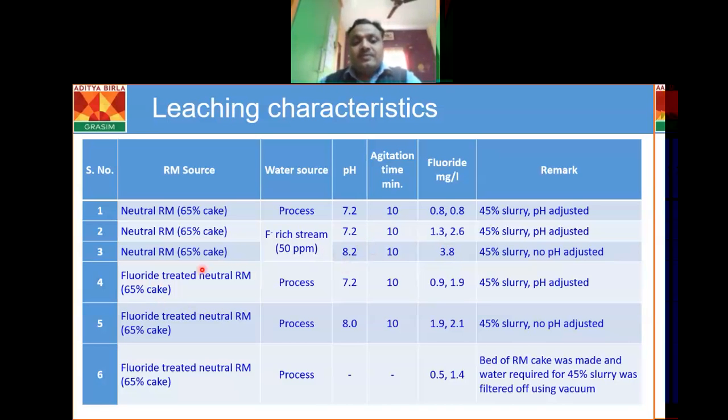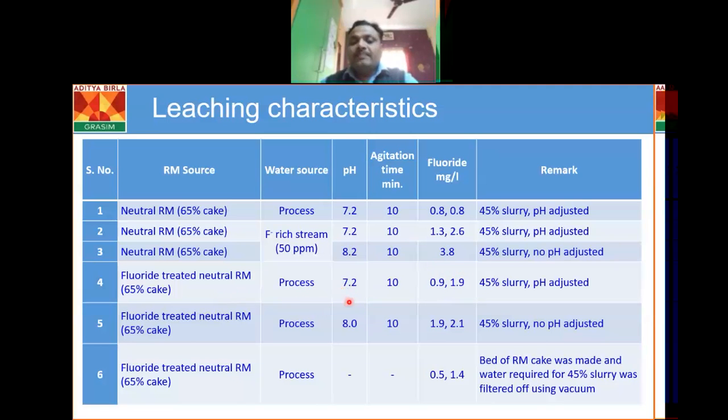Then this fluoride treated neutral mud where fluoride has been adsorbed or reacted with aluminium was treated with processed water, but there was negligible leaching of fluoride from this red mud.